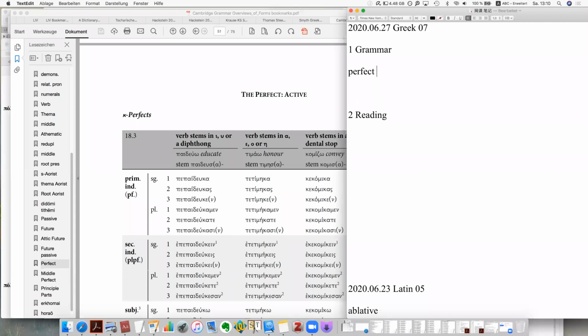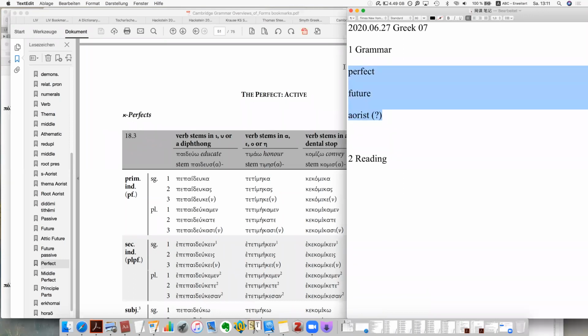And then we will move on to the discussion of the perfect. I'm not sure if I can discuss the aorist today, because it's a little bit complicated, but I will try. Actually these three are related.